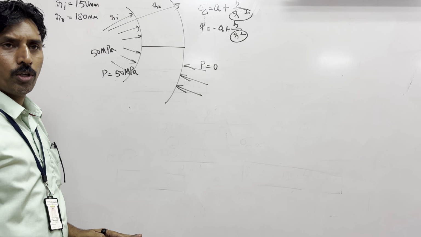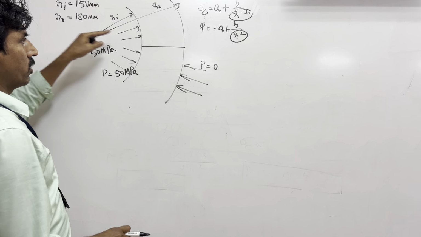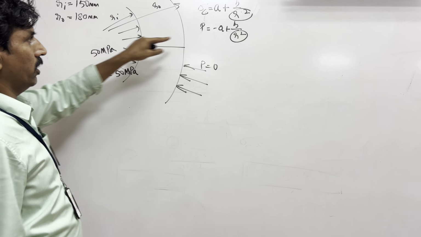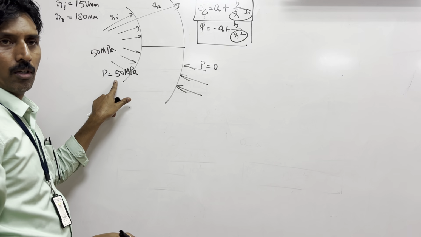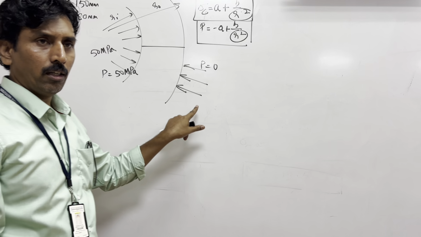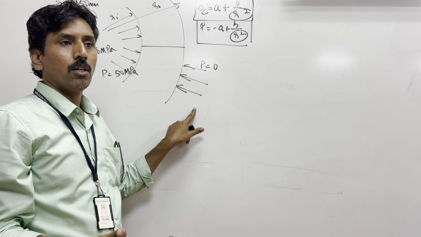So what you need to do is, you can't use this part of the equation, because they are only given with respect to the value of P inside. But by common sense, you knew that the pressure outside will be 0.